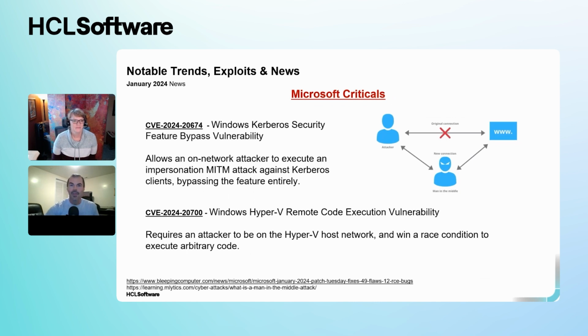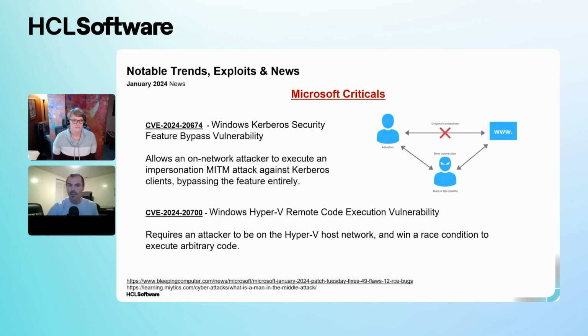That isn't to say that we can just take a break for a month from updating OSs and other Microsoft products. There are a couple of pretty big ones that are not currently actively exploited, but look quite bad to me. The Kerberos vulnerability that I mentioned earlier is, I would even call it, a step past an escalation of privileges attack. It allows an attacker already inside the network.